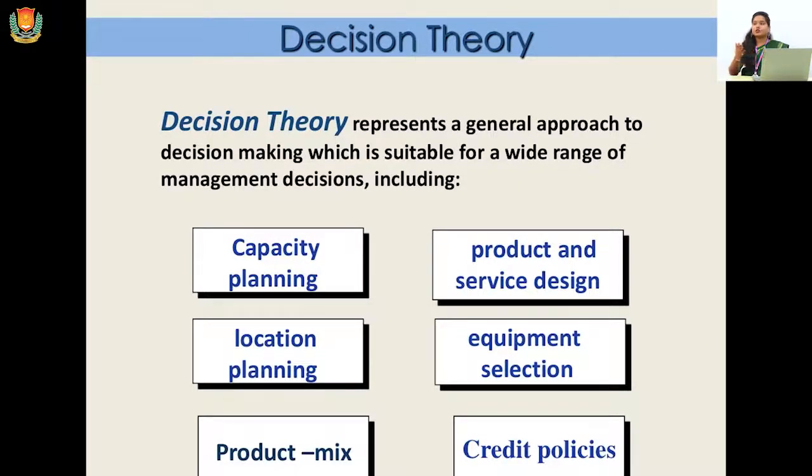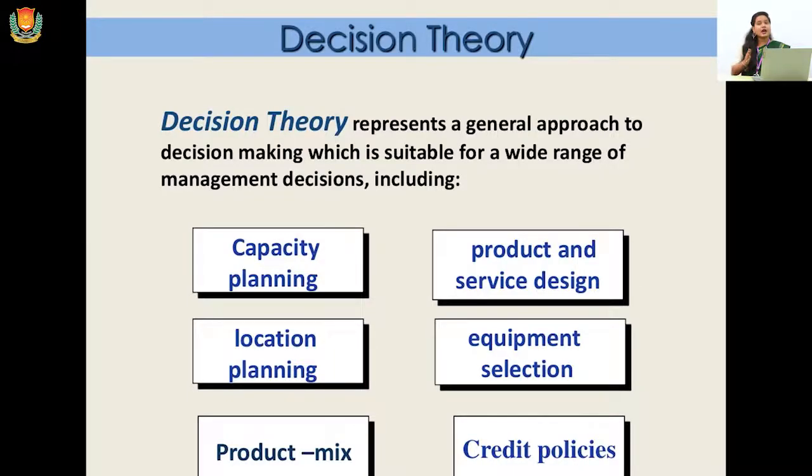If you want to bulk up to 1000 units of production, you need to decide how many laborers and how many machines you require to complete the bulk order. For these things you need to take decisions, and decision theory will help out.